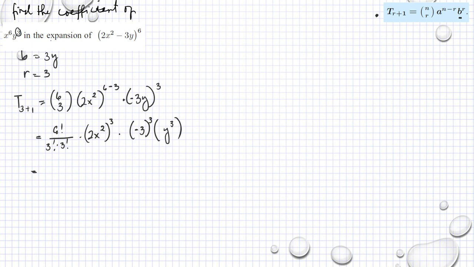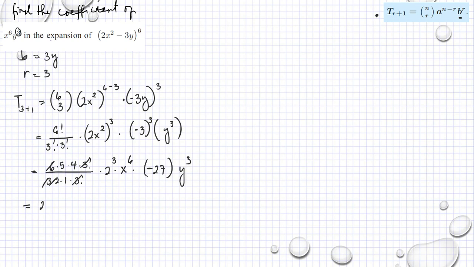And then we have 6 multiplied by 5 multiplied by 4 multiplied by 3 factorial divided by 3 times 2 times 1 multiplied by 3 factorial. That is 1, and that is also 1. And then this is now multiplied by 2 raised to 3 x raised to 6 multiplied by negative 27 y raised to 3.